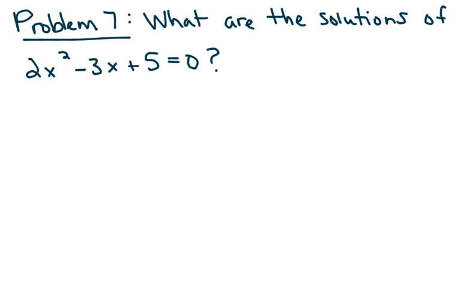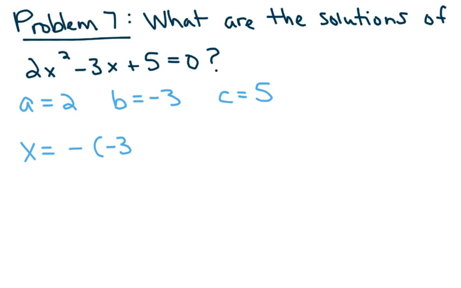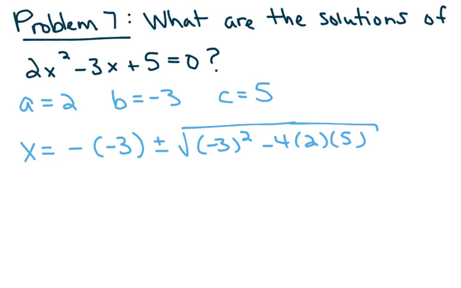So what do we do? Let's use the quadratic formula. a is 2, b is negative 3, and c is 5. x equals negative b, watch for those double negatives, plus or minus the square root of b squared minus 4ac all over 2a. Please simplify this in parts.